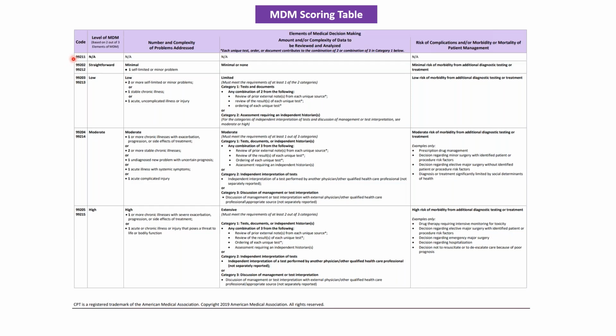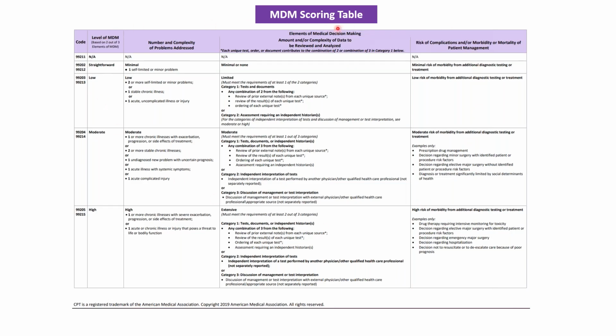It's a 99211 if you have the number and complexity of the problems that are addressed in that encounter or in that documentation are not applicable. It's a 99211 if the amount or complexity of the data analyzed is not applicable and the risk is non-applicable.